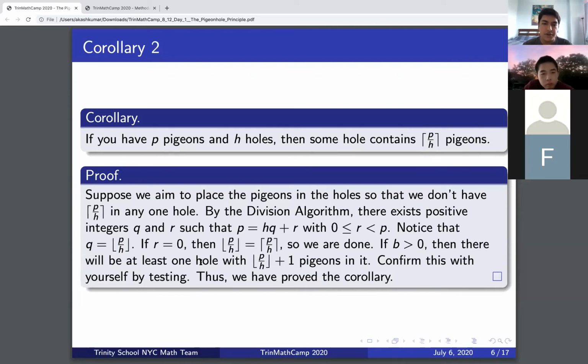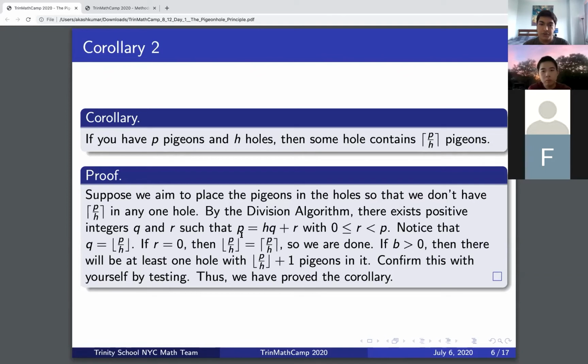If R equals 0, then we actually know that the floor is equal to the ceiling. This is because if R equals 0, then P is actually a multiple of H, so we're essentially dealing with the floors and ceilings of integers. Let's do a numerical example with multiples. Let's say you have 7 and 14. If you take 14 divided by 7, that's P over H, you get 2.